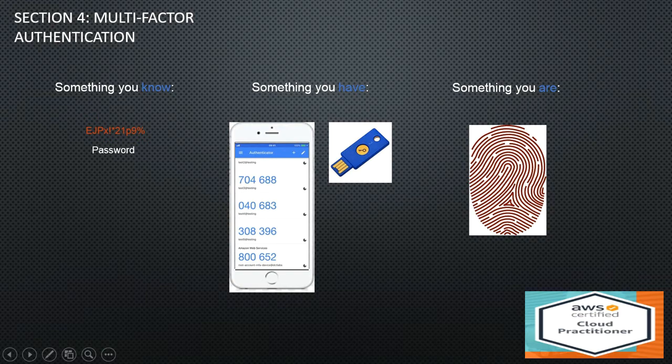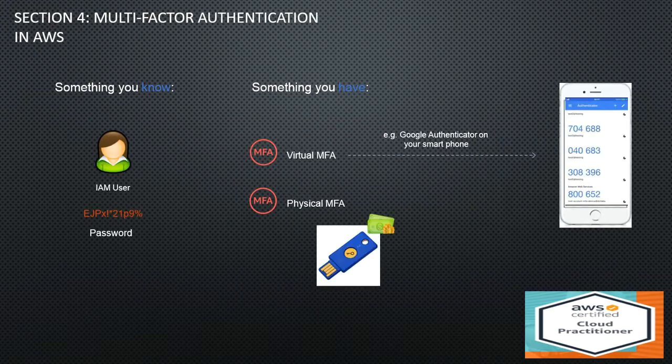As of now, AWS has these two: something you know, username and password, and something you have, which is the virtual authenticator like Google Authenticator, or a physical MFA device, right? So you can use this to strengthen the security of your account.